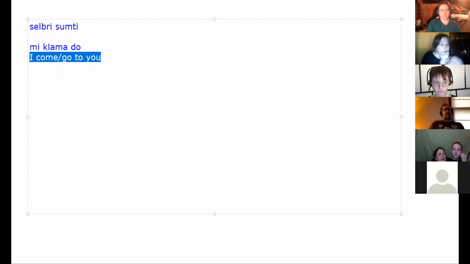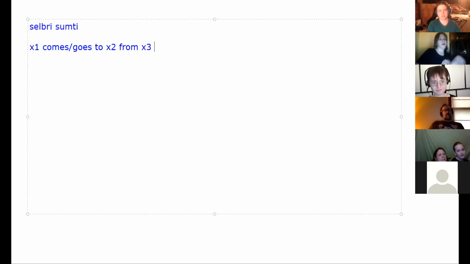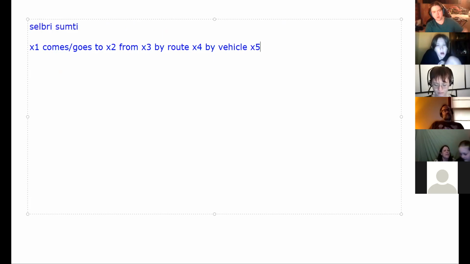Mi and do are the sumti, and klama is the selbri. And klama is a particularly long selbri. It's x1 comes or goes to x2 from x3 by route x4 by vehicle or travel means x5. And normally 5 is the max you can go in Lojban.